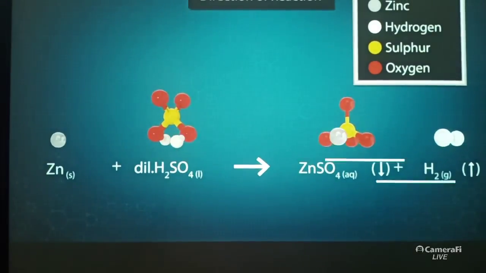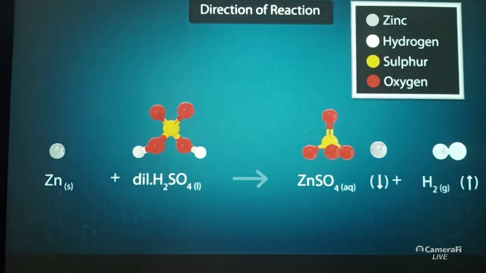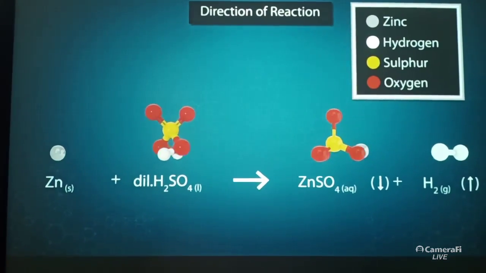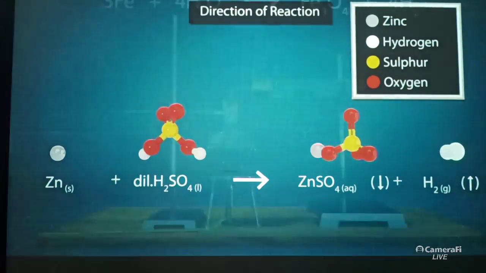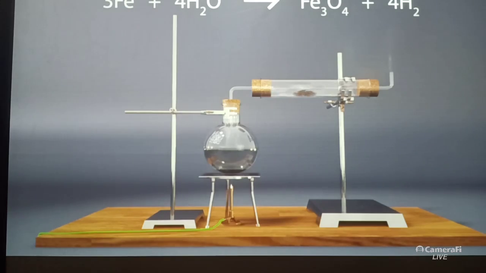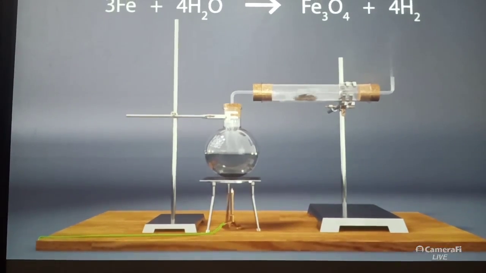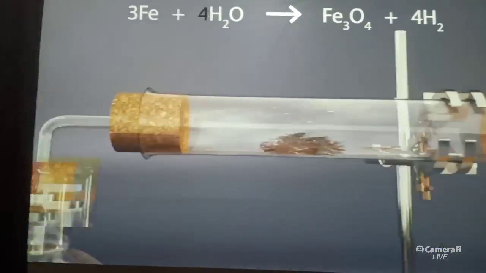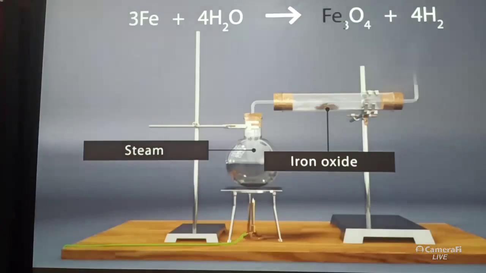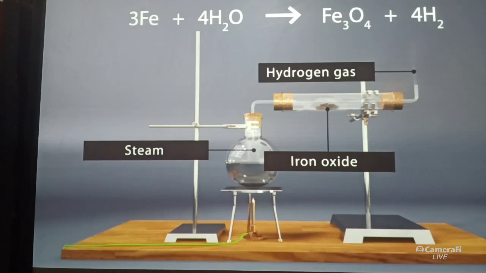The reactants and products are separated with an arrow, which points in the direction of the reaction. Consider the reaction of iron with steam. Solid iron reacts with steam to form solid iron oxide and hydrogen gas.